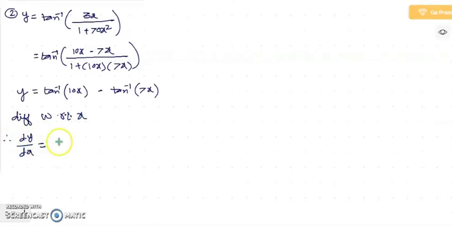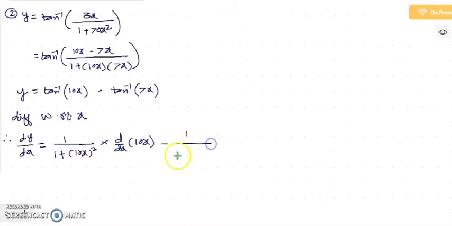Now we can differentiate with respect to x, and I will get dy by dx is equal to d by dx of tan inverse 10x, which is 1 upon 1 plus (10x) whole square into d by dx of 10x, that we have done already in the last example, minus tan inverse 7x's derivative, which is 1 upon 1 plus (7x) whole square into d by dx of 7x.